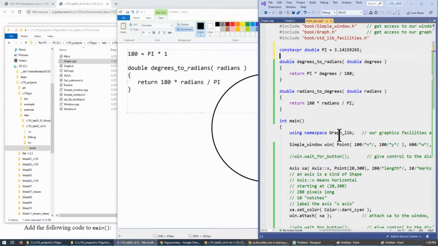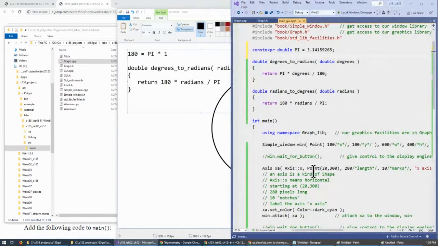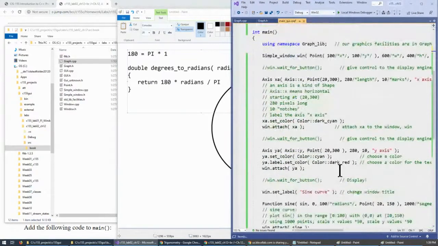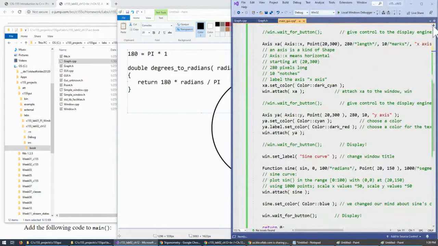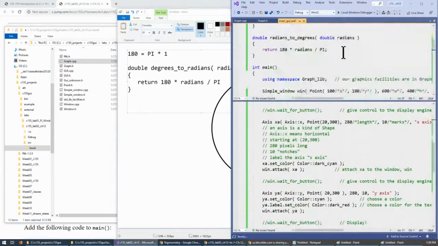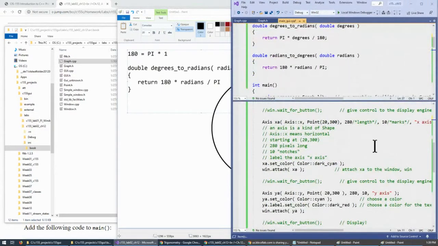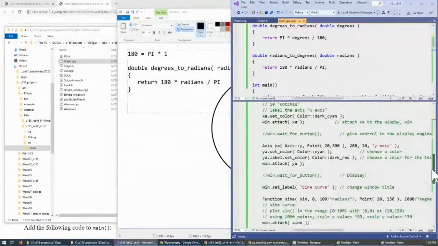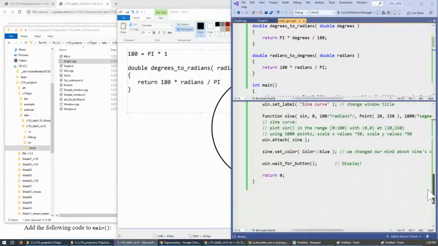So instead of using 100 over here, right? Let me just make this all visible. Instead of using, for the sine function, the range from 0 to 100, I would like to use degrees instead.